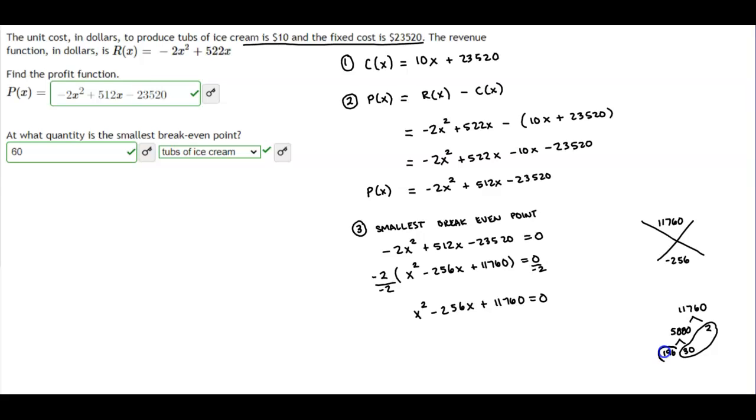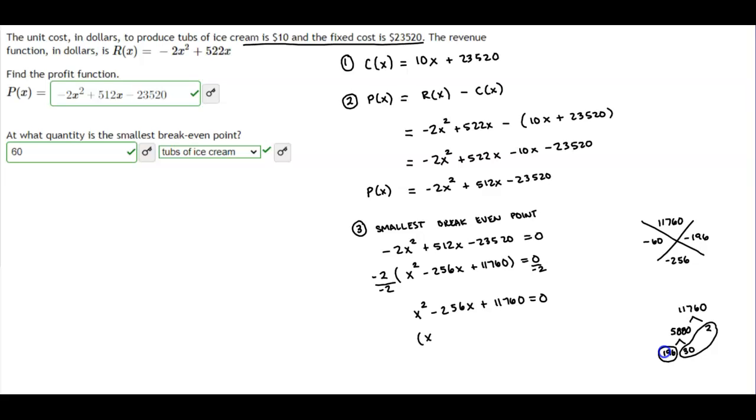And if you multiply that by 196, that's going to give you 11,760. When you add them together, it's going to give you negative 256. So that means that negative 60 and negative 196 multiply to give you a positive 11,760, and when you add them together, they give you negative 256.